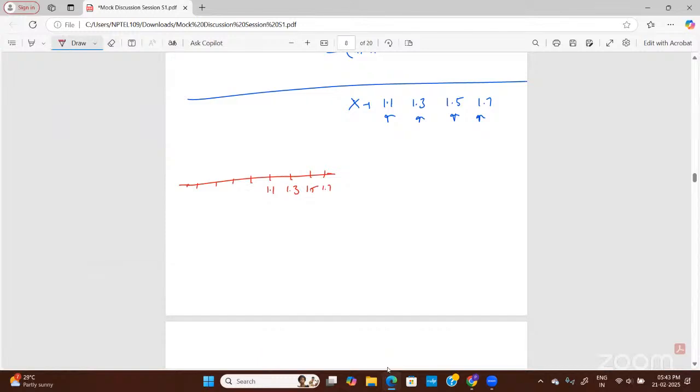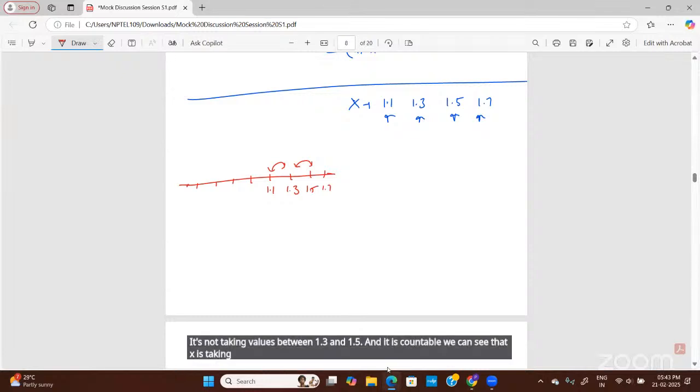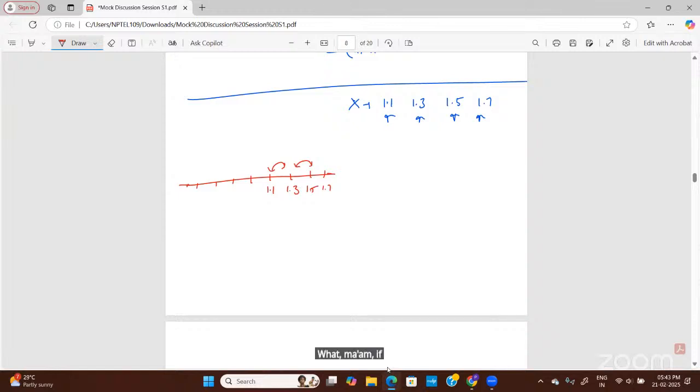And the variable is not taking values between 1.1 and 1.3, right? It's not taking values between 1.3 and 1.5. And it is countable. We can say that x is taking four values, right? If it is continuous, we cannot say x is taking four values only. So discrete is something which is countable.